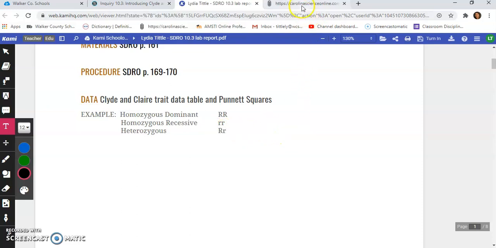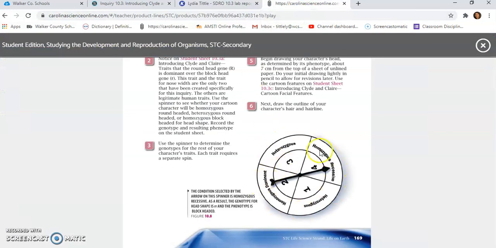Now again, at home, of course you do not have this spinner. So again, you can flip coins. You need 2 coins. It doesn't matter if it's 2 pennies or 2 quarters or what, just make sure you get 2 coins, okay? If you land 2 tails, then we would use that as homozygous recessive.